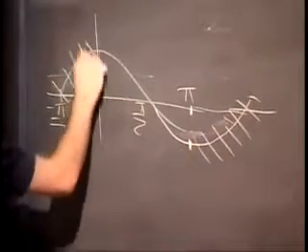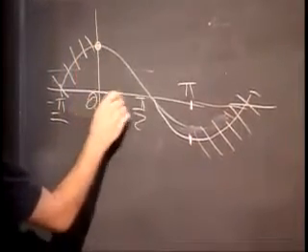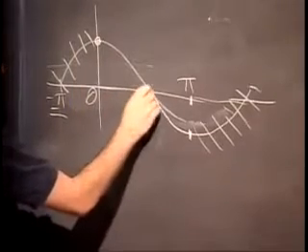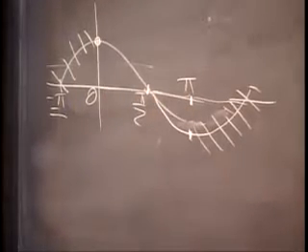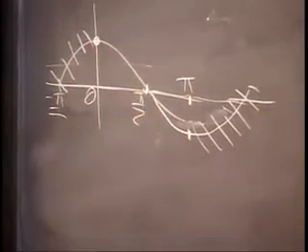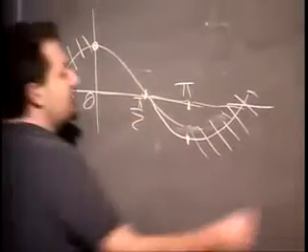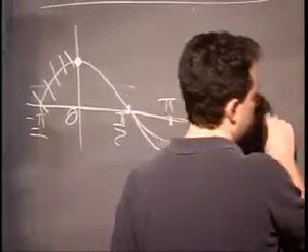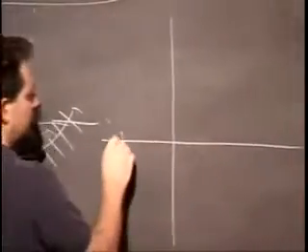So actually the function's always decreasing. Its derivative is minus sine, which is positive in the first and the second quadrants. Well, the sine is, and minus sine is negative. So this function's always decreasing. And so that inspires an inverse function that looks like this.